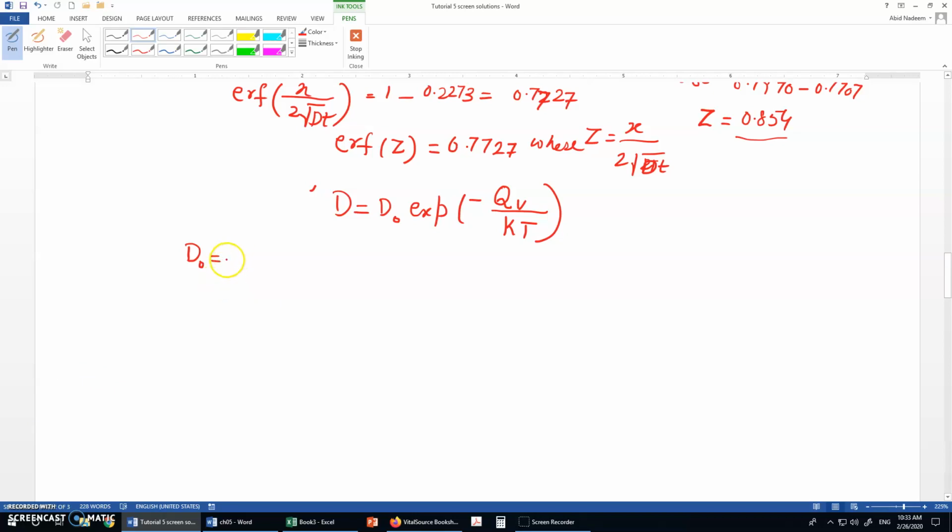For carbon in gamma iron, the value of D naught is given as 2.3 times 10 to the power minus 5 meter square per second, whereas the activation energy QV is given as 148,000 joules per mole.